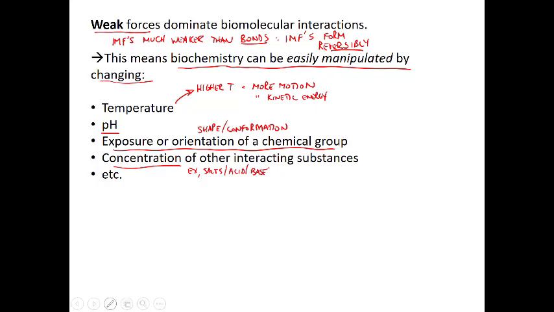And this is important because it means that the function of biomolecules, which is related to their intermolecular forces, can change in different situations.